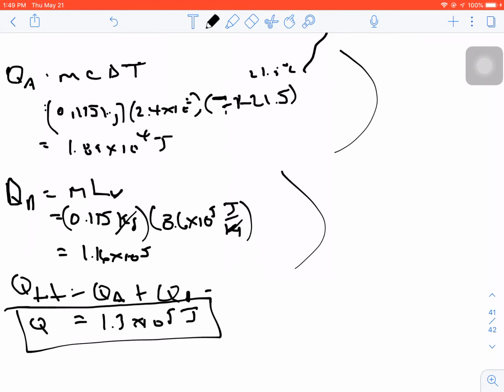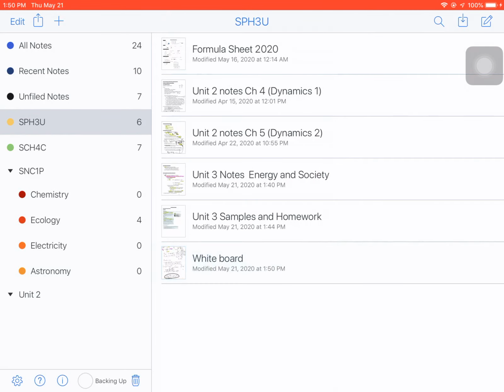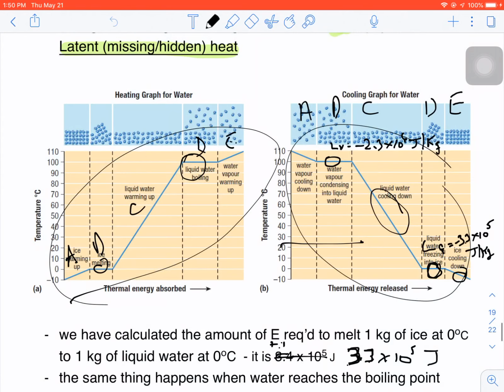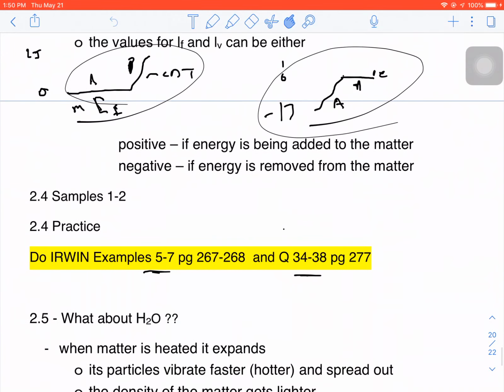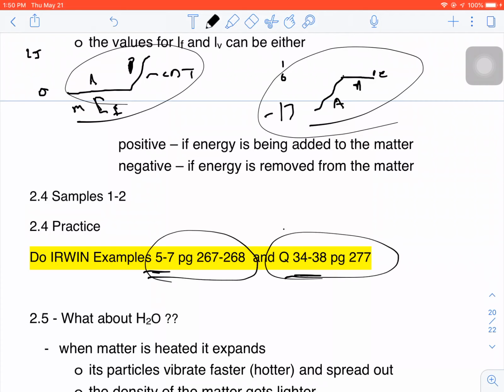So I'm going to finish there for now. I will leave you with the questions in our textbook, which are here on pages 267 and 268, right? The examples, and then the end of chapter questions on page 277, right? And that should give you lots of practice to do those questions.